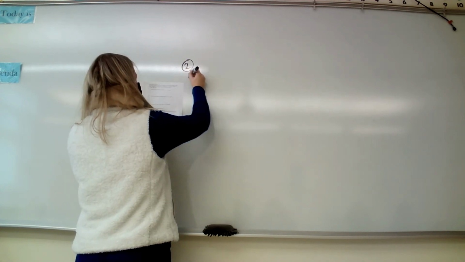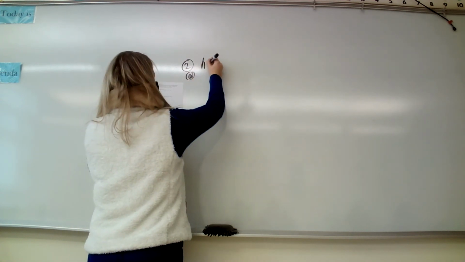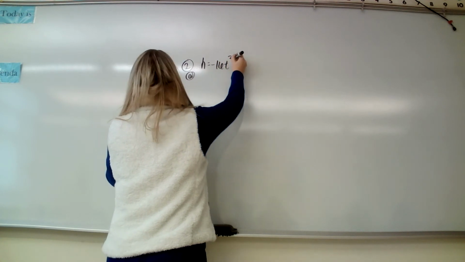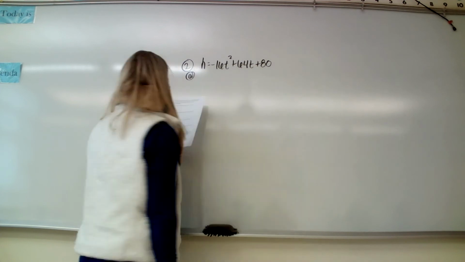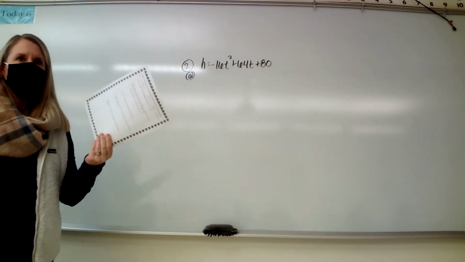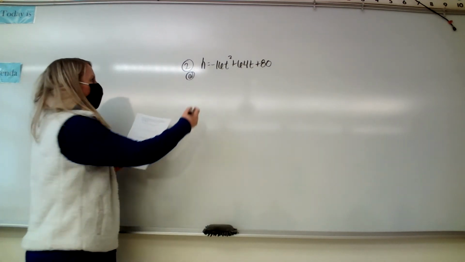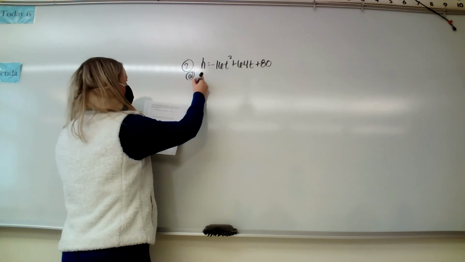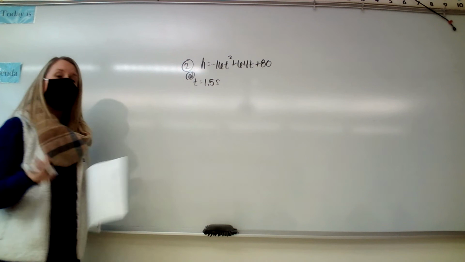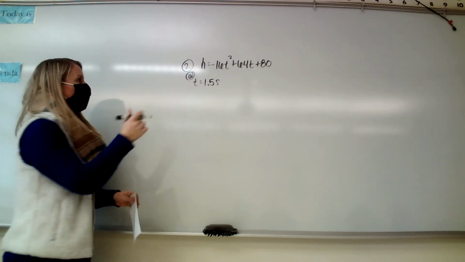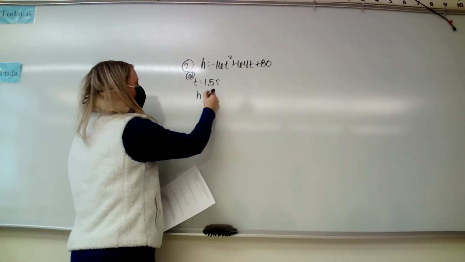All right, so we got this nice equation. What is the height of the rocket after 1.5 seconds? Once again, where am I plugging it in? I have time right now. So I'm plugging in t is 1.5 and I want to find the h. I always like those ones.